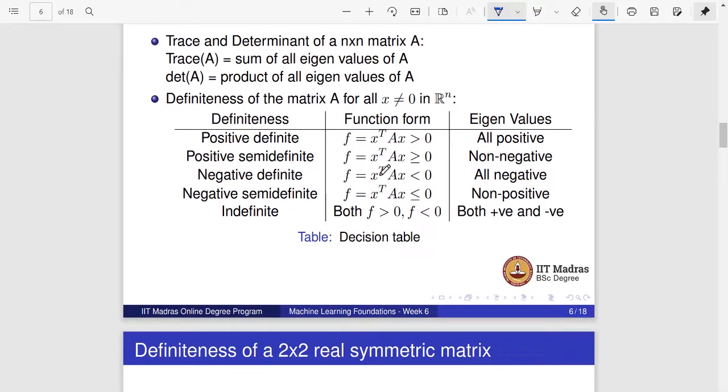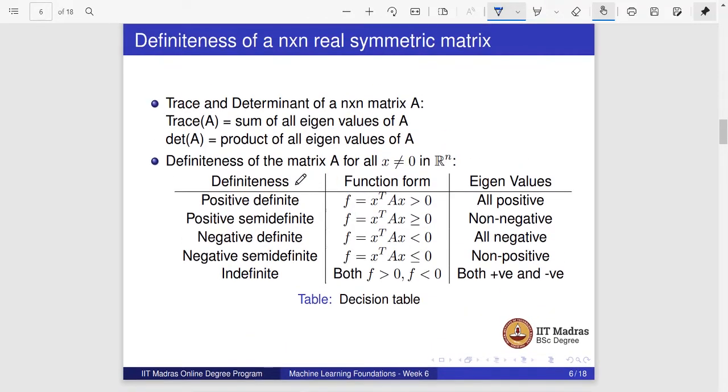The definiteness of a matrix A is summarized in this table.